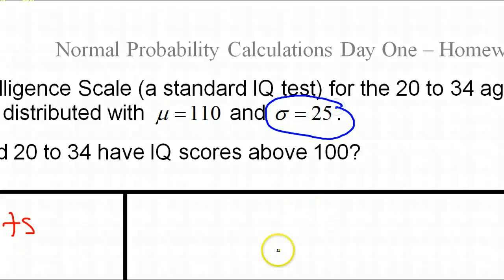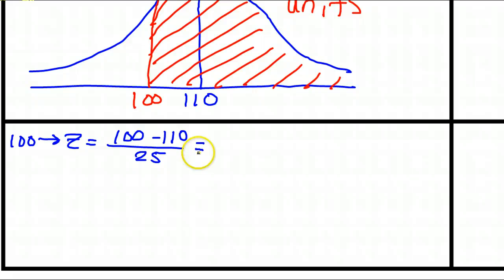Yep, standard deviation 25. All right, that comes out to be negative 0.4. Okay, so that's my z-score.